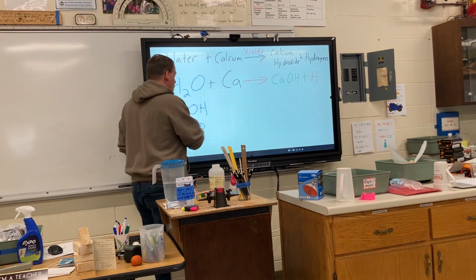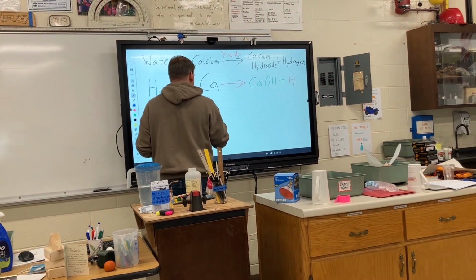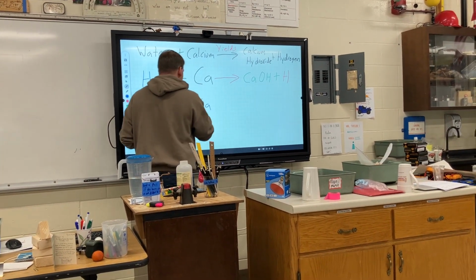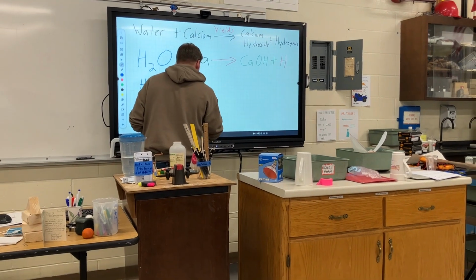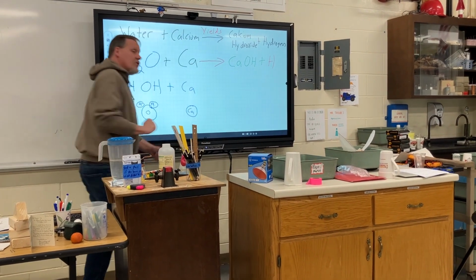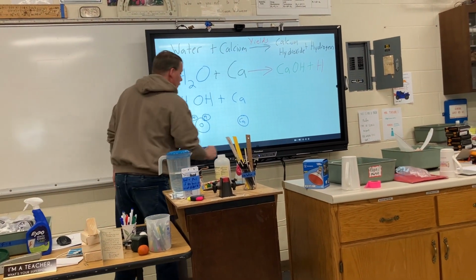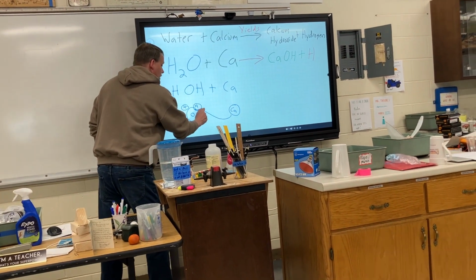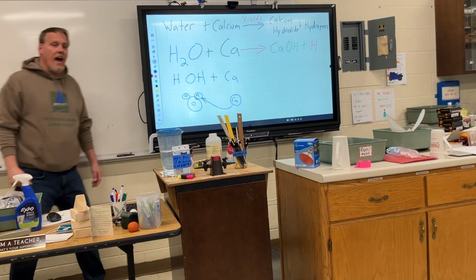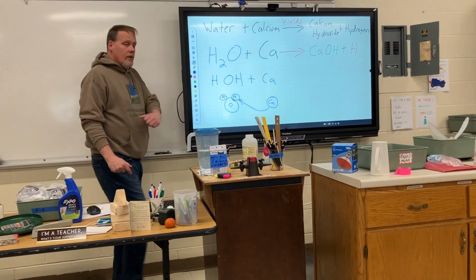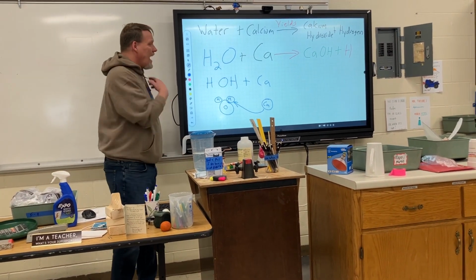And then over here, I have a Ca, I have my little calcium atom. What's going to happen is the calcium is going to come over here and it's going to kick one of those hydrogens out of the water molecule. It's going to knock it out.